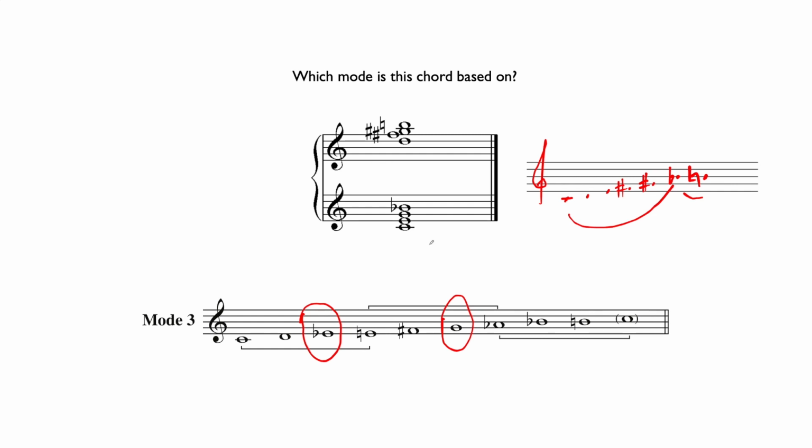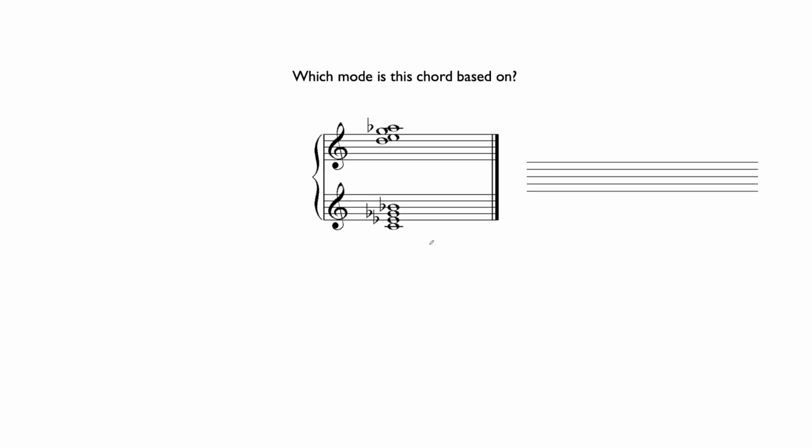Another example is this one. We have a half diminished seventh, and this is the upper part. So if you do the same, it begins with G, and then we have D, E flat, E natural, and then G flat.